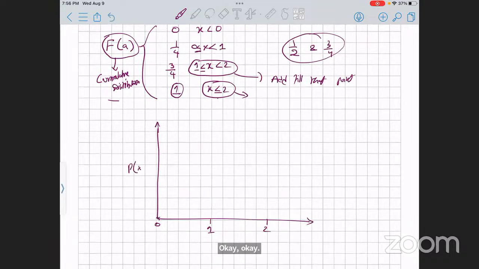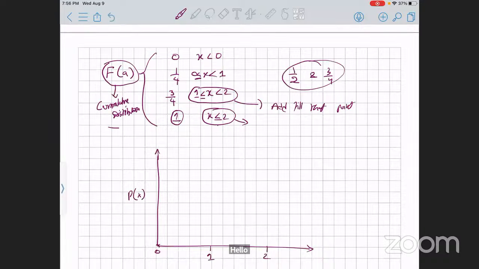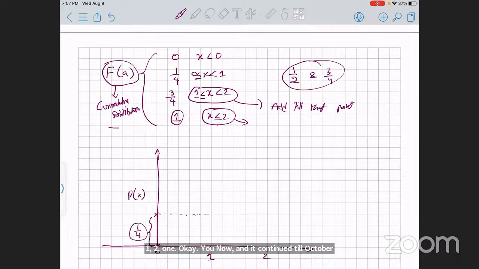So look at 0. What is the P of X at 0? X less than 0 means it is 0. But at X equal to 0, it is 1 by 4, till 1 by 4. Now it continued till X equal to 1, and at X equal to 1 it jumped to 3 by 4. 3 by 4 means till here.